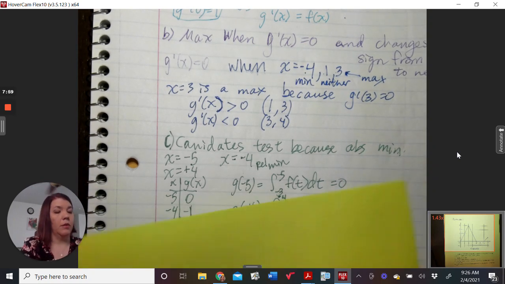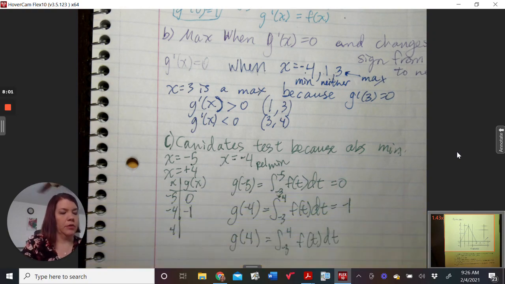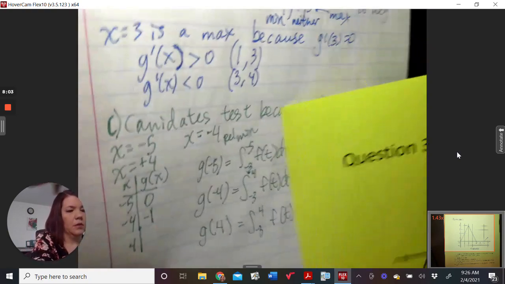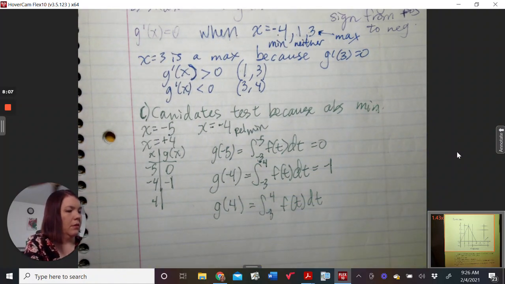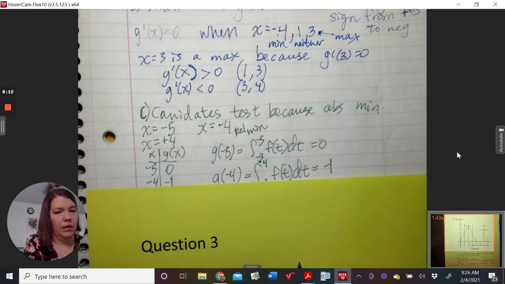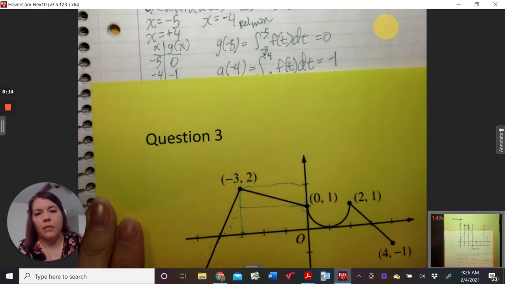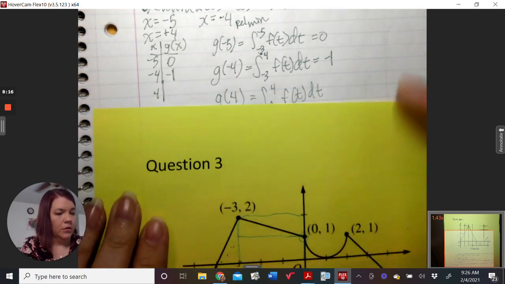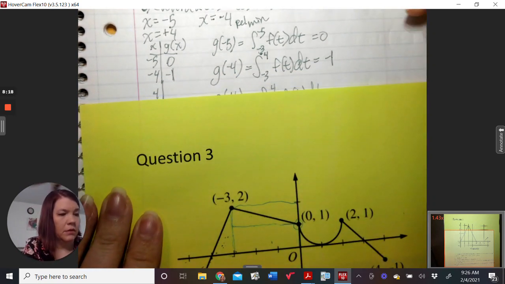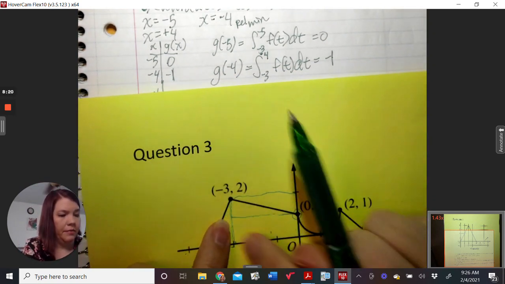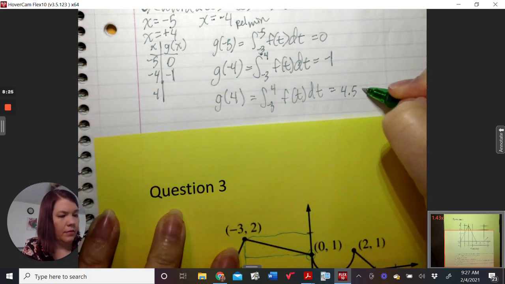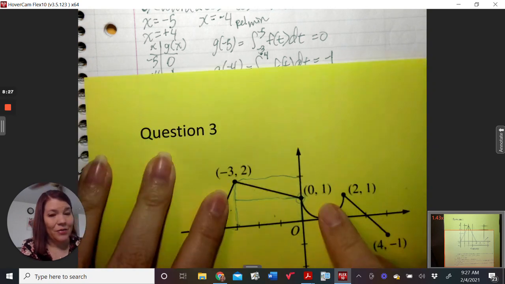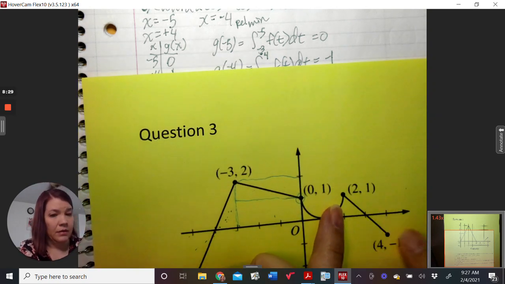So I need my picture now a lot to do this problem. Okay, so the area here we already found was 4.5, so we know this area. The area under this curve, we'll get back to that, and then this area is 0.